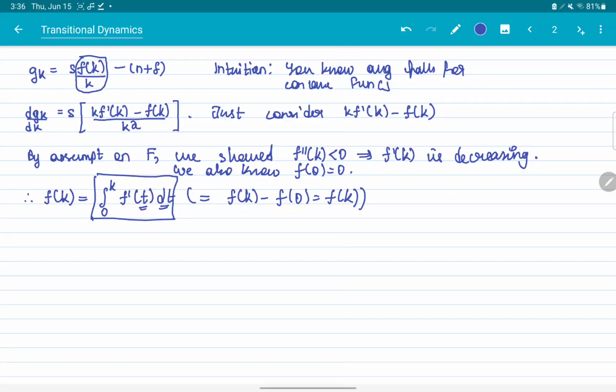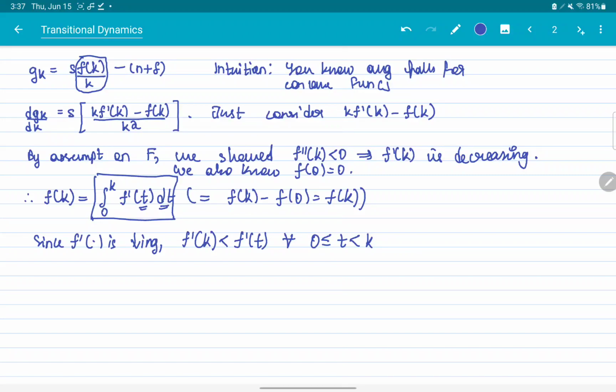Now, you know that f dash t is decreasing. Since f dash is decreasing, f dash k is less than f dash t for all t in this range, because k is greater than all of these t's.